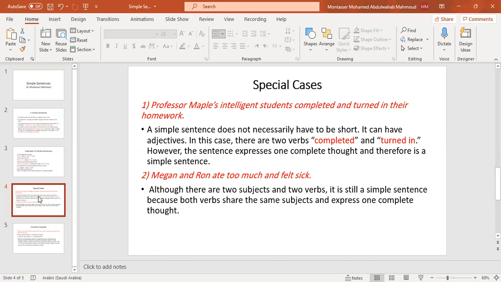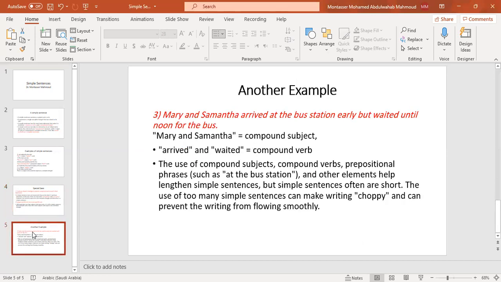So the third basic element, which is expressing one complete thought, is very important for you students to understand whether the sentence is simple or not. This is another example: Mary and Samantha arrived at the bus station early, but waited until noon for the bus.